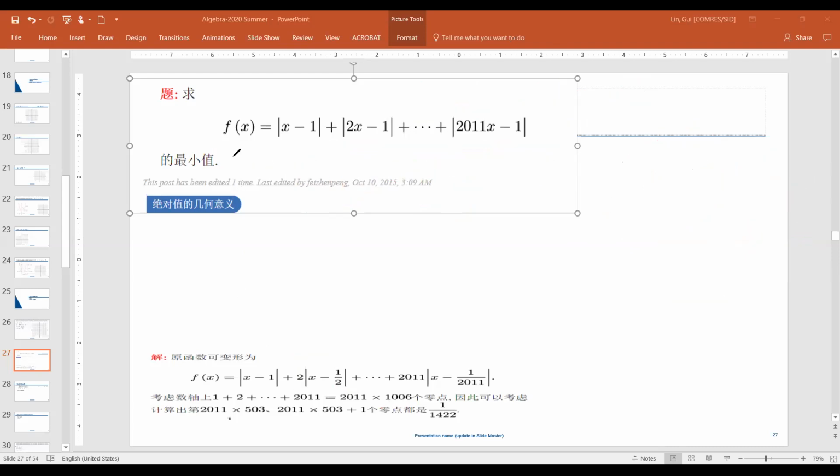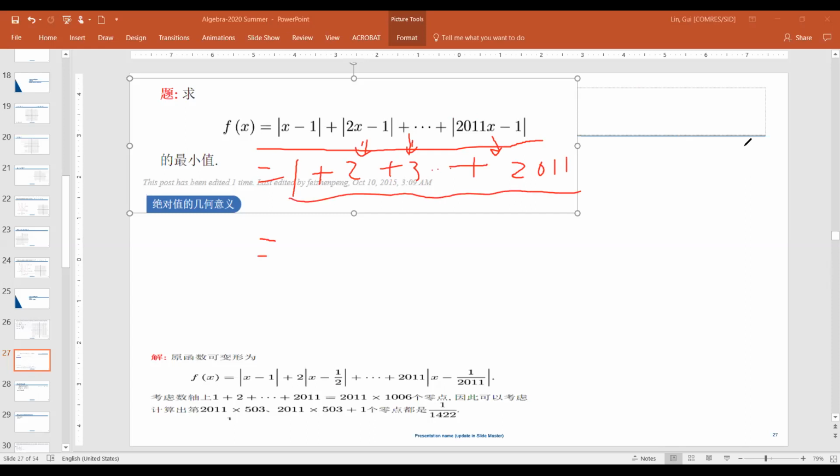All right, so how many numbers total here? That's a lot, right? Because here has 1 number, here has 2 numbers, and right now say here has 3 numbers. What about this number? Here has 211 numbers. So how many total numbers do they have?